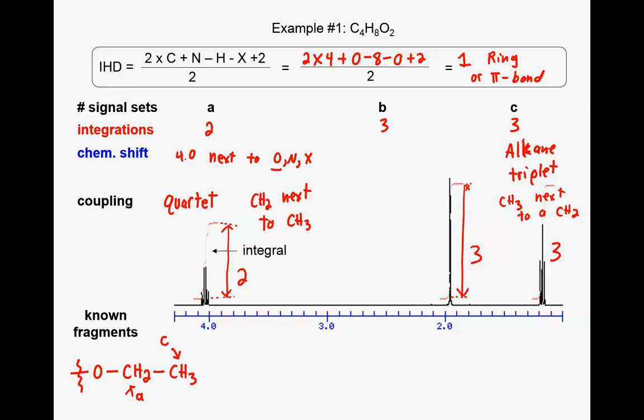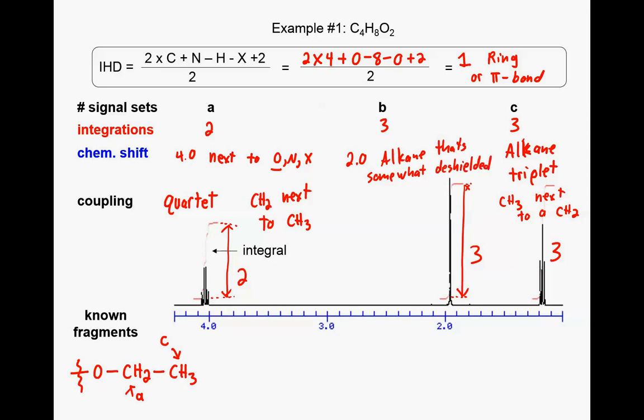All right, so finally, we've got signal B. And so let's see, the chemical shift is around 2. Now, this is going to be fairly indicative of a motif that we'll see here at the end. But basically, since it's around 2.0, it's an alkane that's somewhat de-shielded.